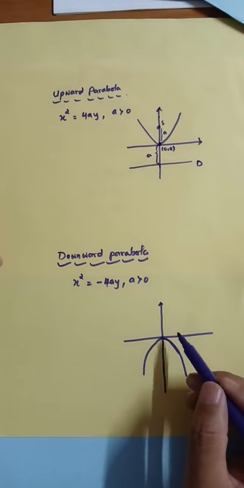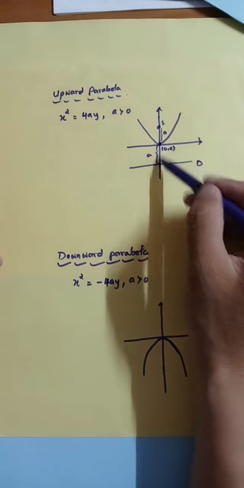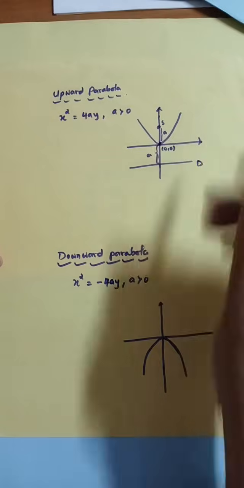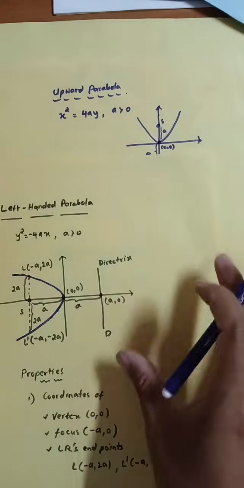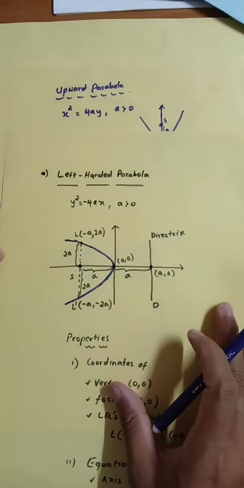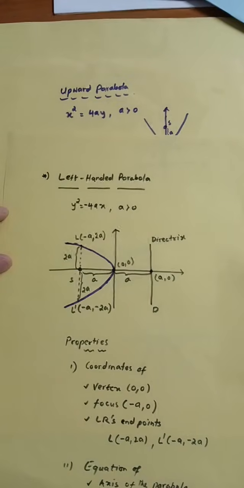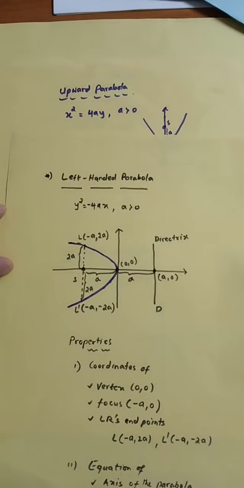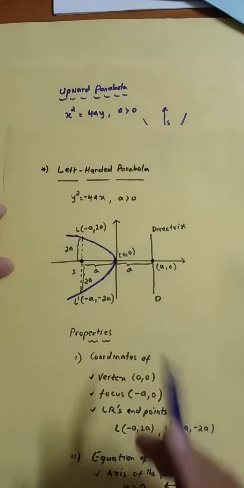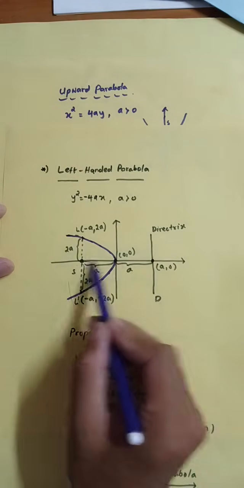Now this time, unlike right-handed and left-handed, a is a vertical distance, not a horizontal distance. In the left-handed and right-handed cases, a is a horizontal distance.